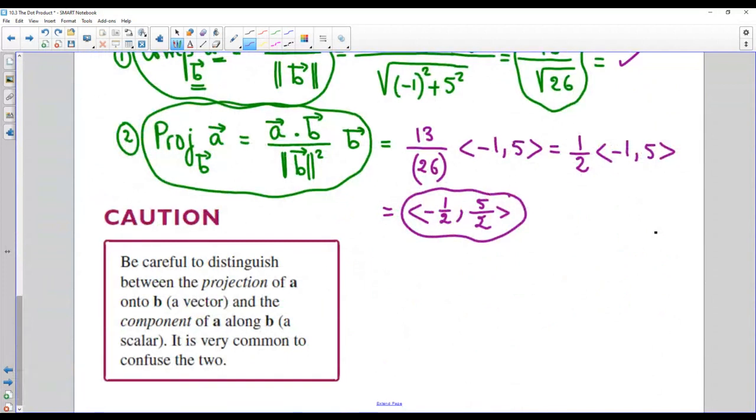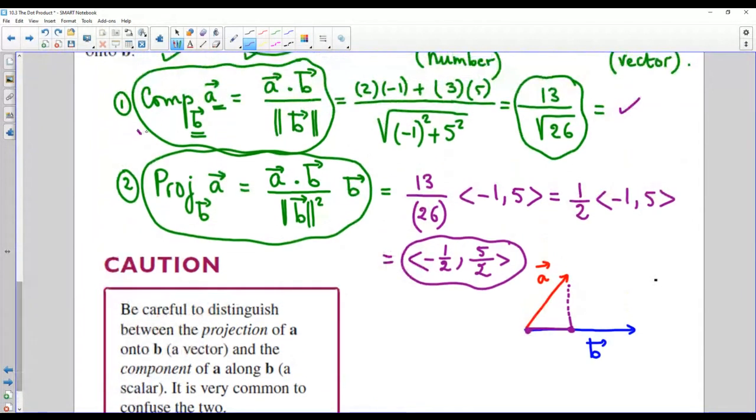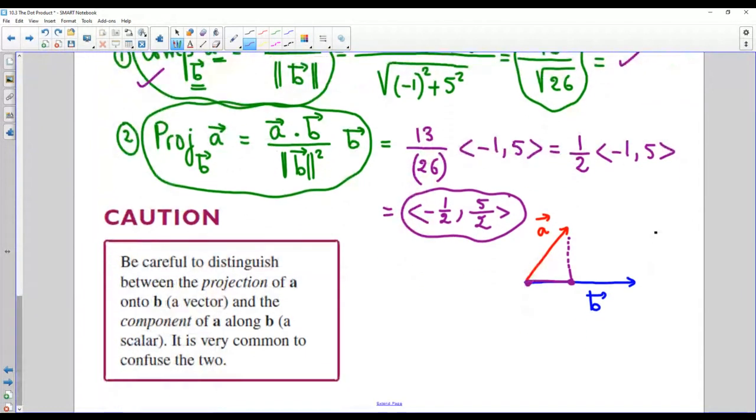Basically, let me just very quickly tell you what we did here. You have a vector B in a certain direction. Then you have a vector A like that. Then we look at the projection of A on the vector B. Then this distance is this component. It's the size of this.